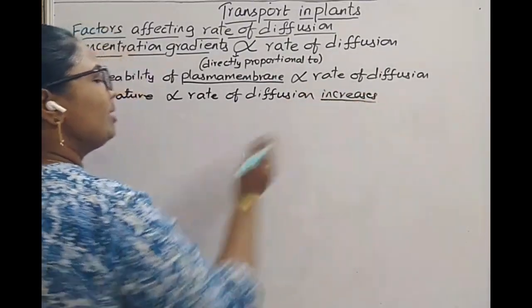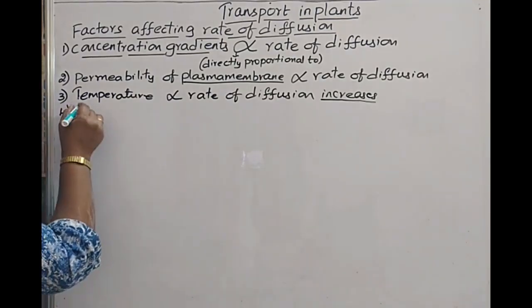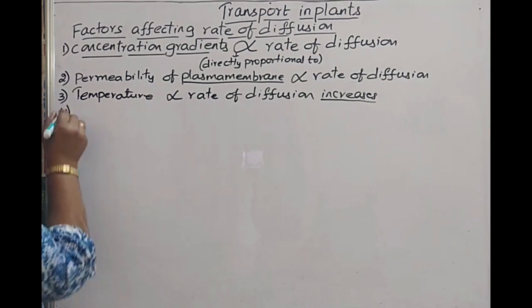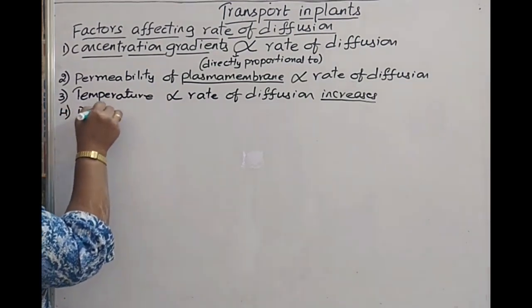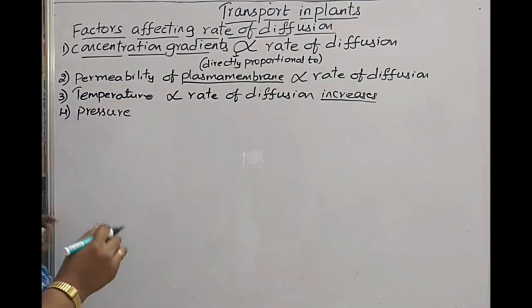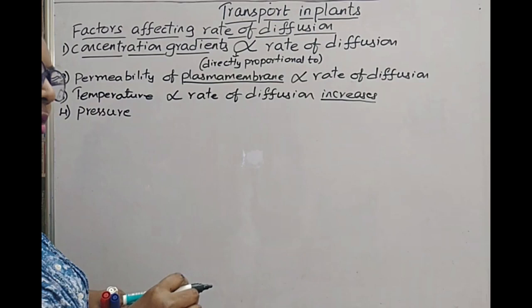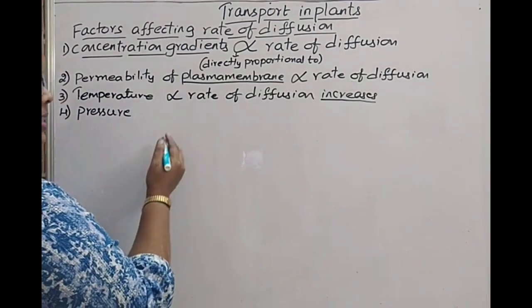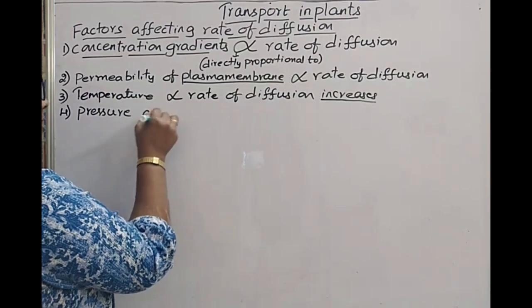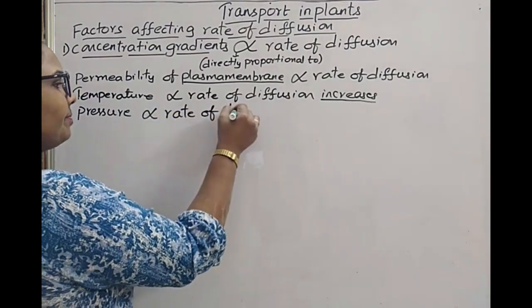This is more applicable to gaseous solute particles. Next one is pressure gradient, or external pressure that is applied. When we apply some external pressure on the solutes present on one side of the plasma membrane or cell membrane, the rate of diffusion also increases. So pressure is also directly proportional to rate of diffusion.